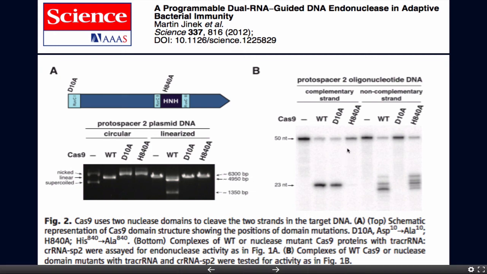One of the protein domains is responsible for cutting the complementary strand, and that is this domain, right? Because when you use a mutant, it doesn't cut the complementary strand that was required to make the smaller molecule. And the D10 region cuts the non-complementary strand, because when there's a mutant there, you don't get the molecule being cut at the non-complementary strand.